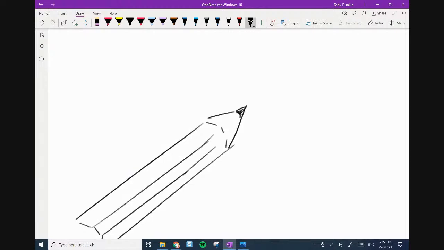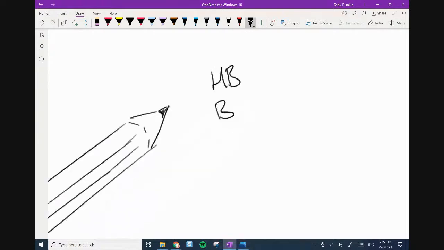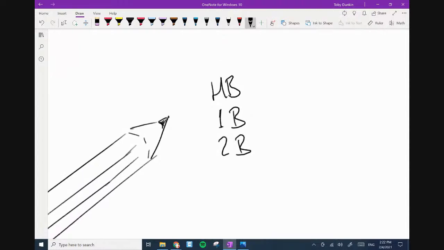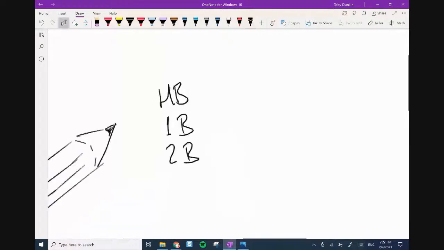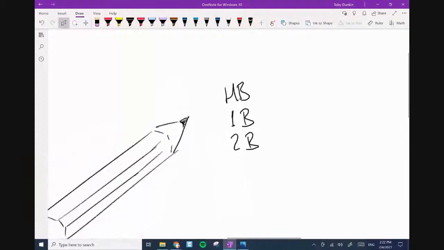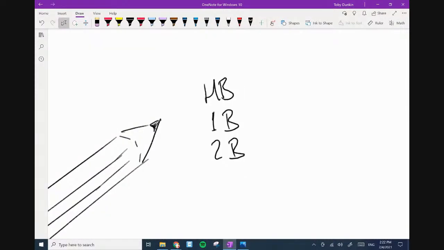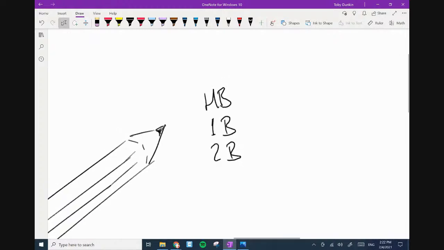There you go: HB, then 1B, and then 2B, and you can also get H2. You can get all these different grades. What they're actually doing is a rather clever trick. They're taking the graphite and mixing it with clay. So the clay makes it harder. It takes away the softness.